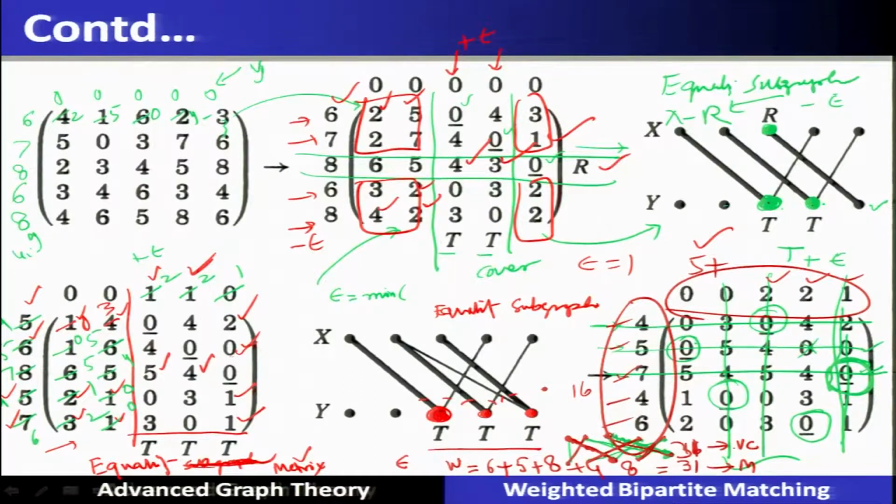So when the problem converges to the optimal, then the vertex cover is equal to the matching, and both are 31 here in this particular example.